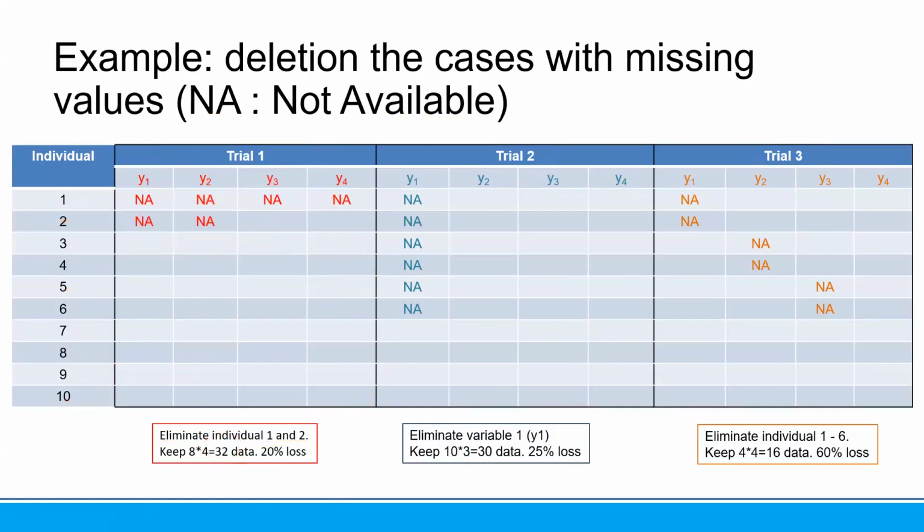Now, if we have data like trial 2, the NA is only in the Y1. What happened? Shall we delete rows like this?